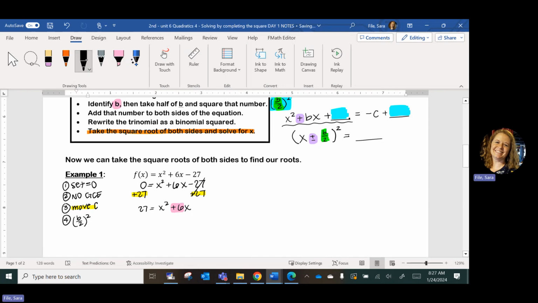So I'm going to come over to the side here. B divided by 2 squared is 6 divided by 2. I know I did this up here in that earlier example, but I'm still just going to show my work for the sake of your notes. I get 9. So B, I plugged in and I got 9. That's what is going to be added to both sides.